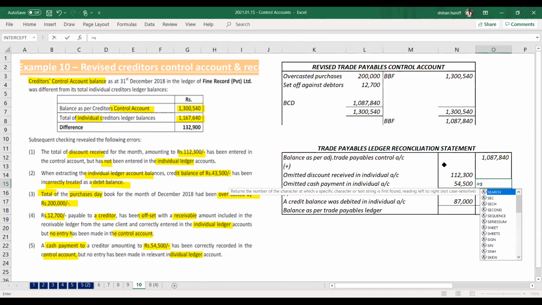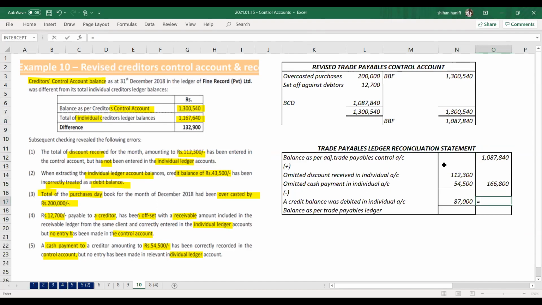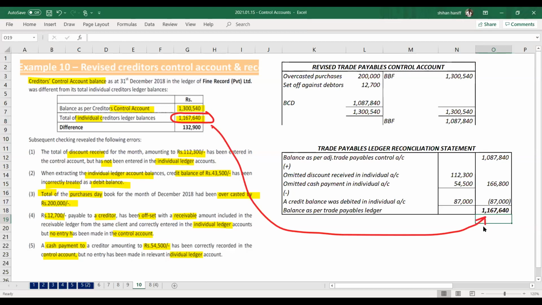So we add 166,800, deduct 87,000. So 1,167,640. You have to see whether you're getting this answer. 1,167,640.